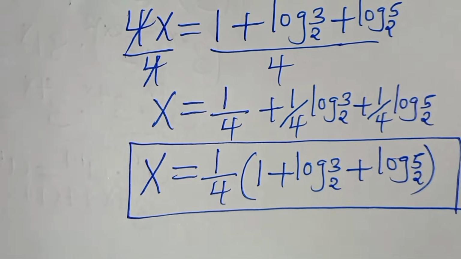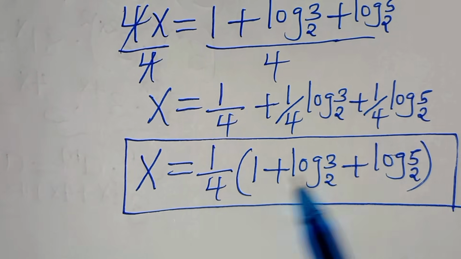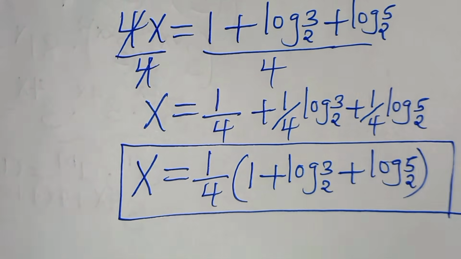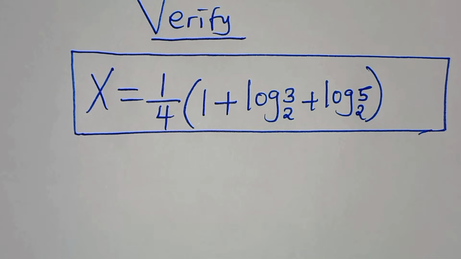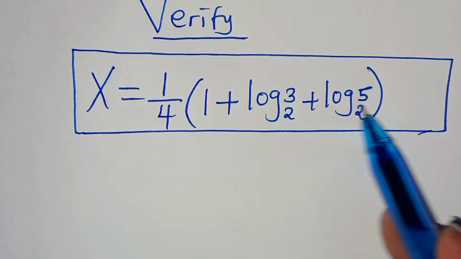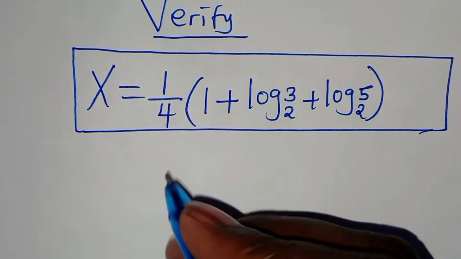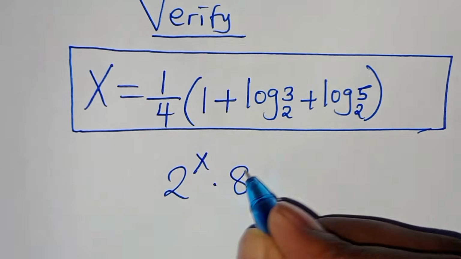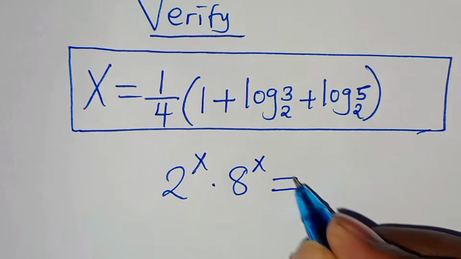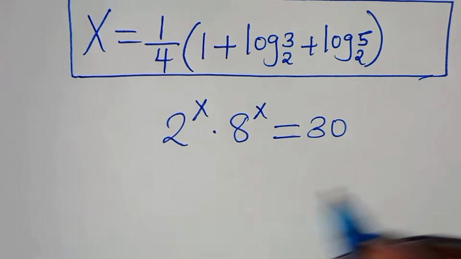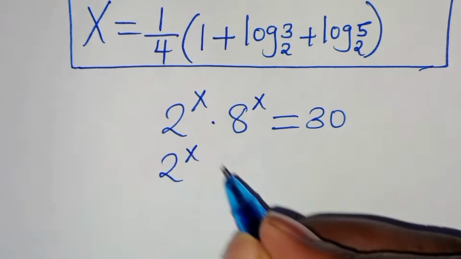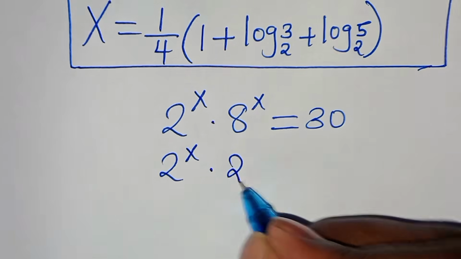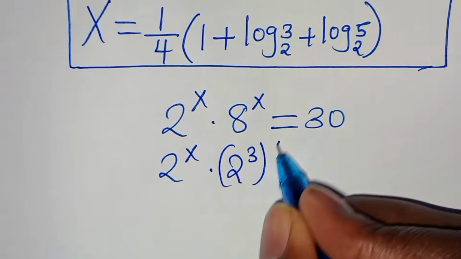The next step is to verify that this value of x satisfies the equation. Now we have that 2 to the power of x times 8 to the power of x is equal to 30. Now this is 2 to the power of x times 8, which is 2 to the power of 3 raised to the power of x.